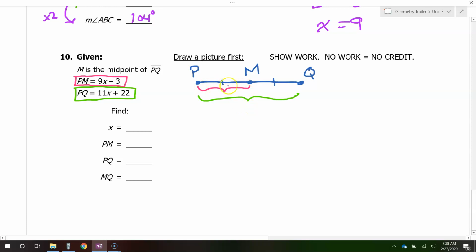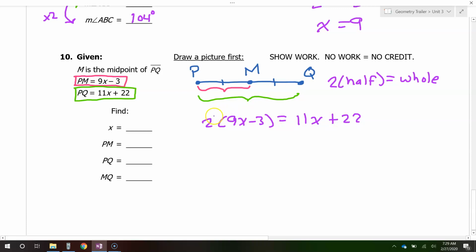Well, PM is a half and PQ is a whole. So we need to use the idea that 2 halves equal a whole. That means 2 times the PM, which is 9x minus 3, is going to equal the whole. The whole is the PQ, shown here in green, so that is 11x plus 22.